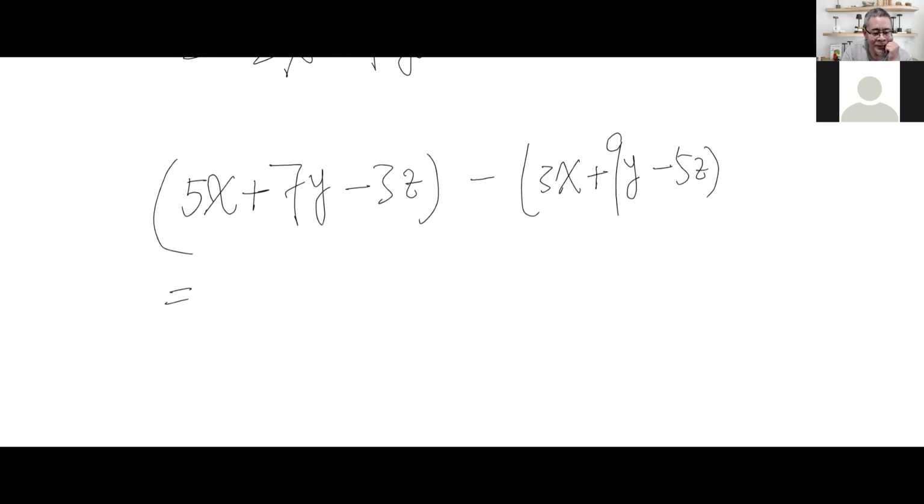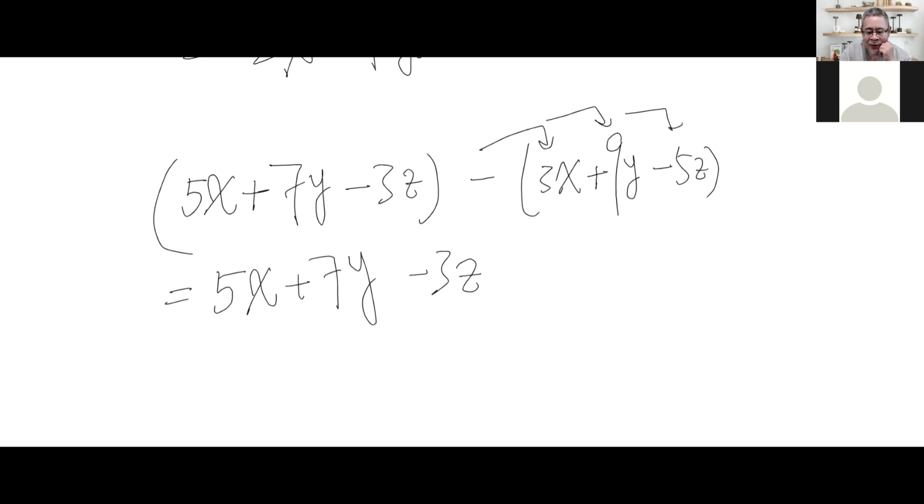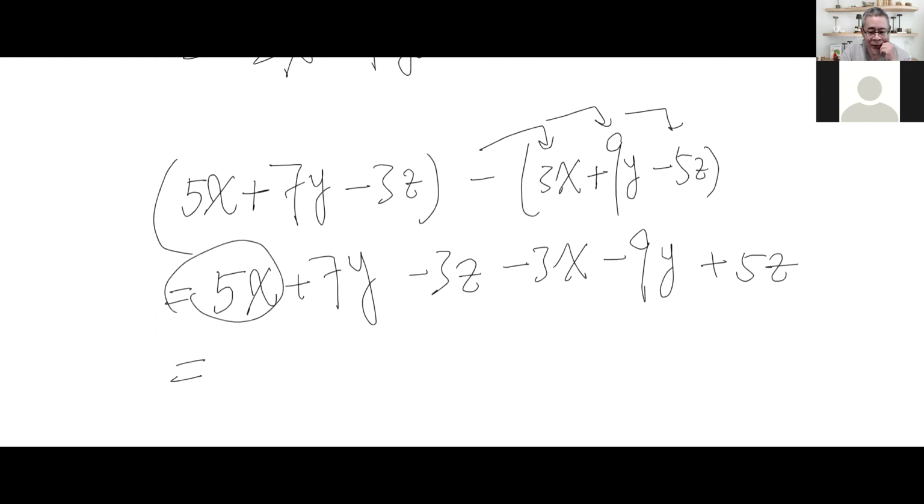Okay, let's see. 5x plus 7y minus 3z. Then let's get in here what we see. Minus 3x minus 9y and plus 5z. So what we got? 5x minus 3x is 2x. You got the first one right.